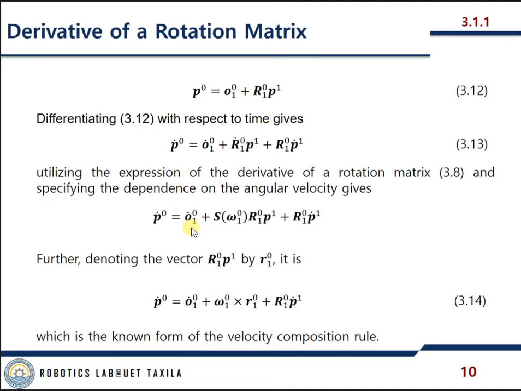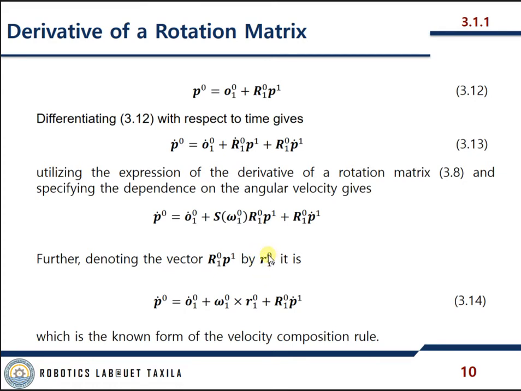So we have O dot as it is, we have R dot equals S R, and we have P dot 1 as it is. Further denoting the vector R01 P1 by R01, what we are doing is representing this whole vector, which is after transformation, like this.